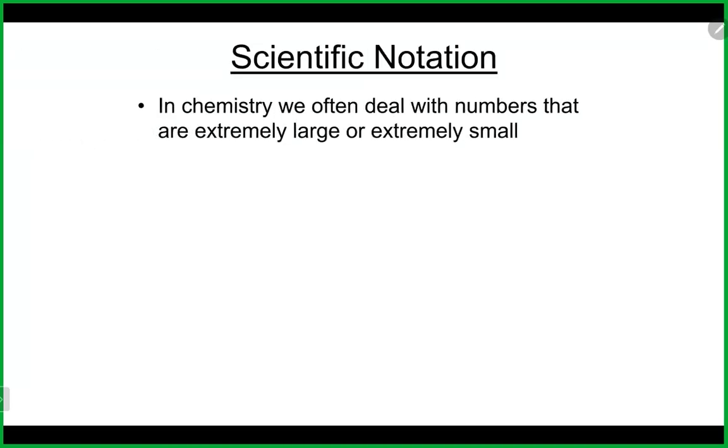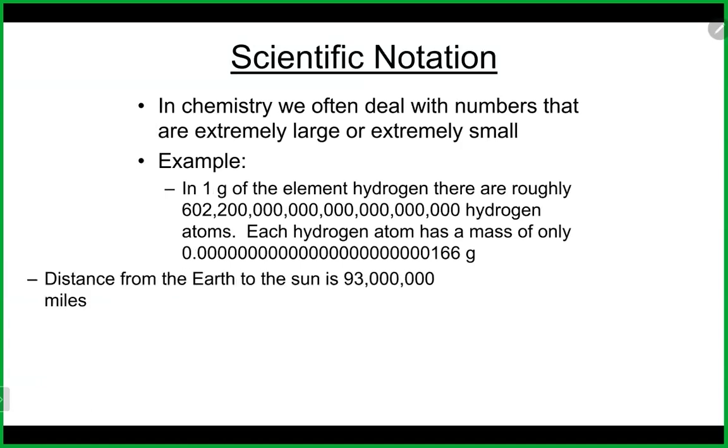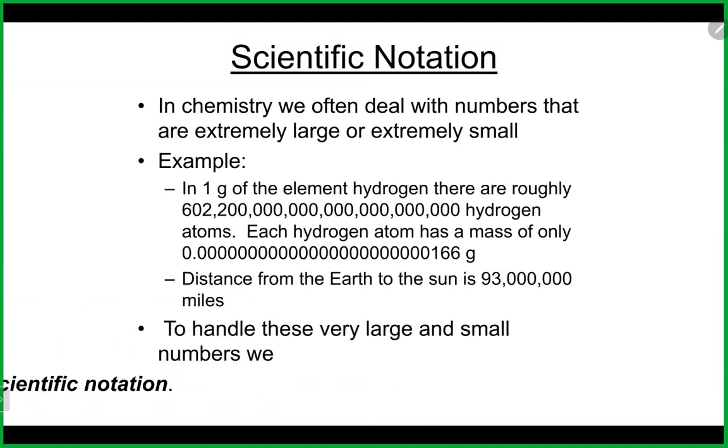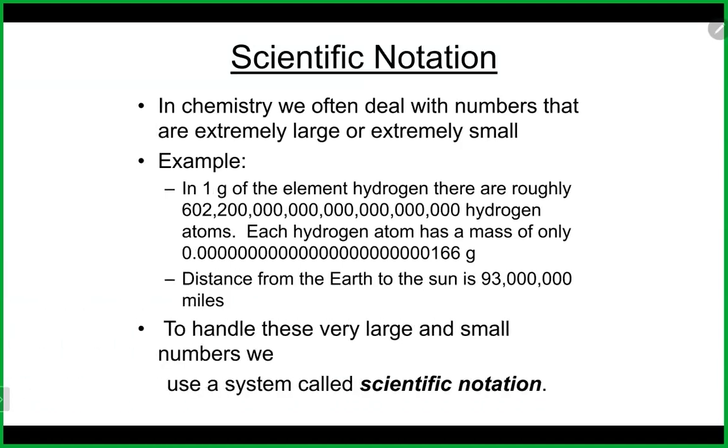So let's talk about one way that we write numbers in chemistry, which is really important, and that is what is known as scientific notation. And scientific notation has a general formula of something like this: N times 10 to the n. This first N is a number between 1 and 10. So it's not 10, it's not 20, it's not 100. It's actually not less than 1.